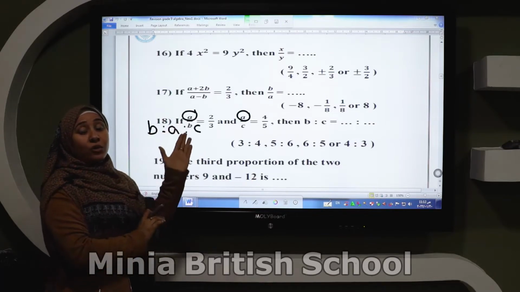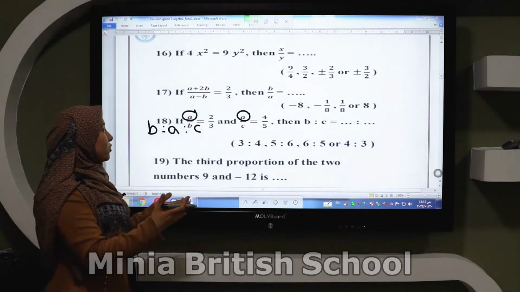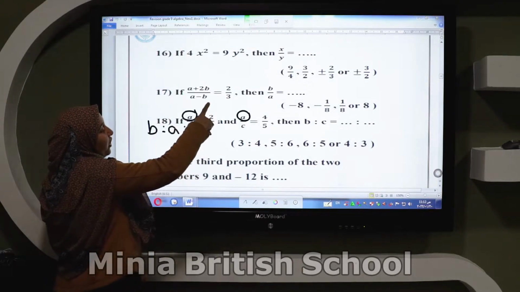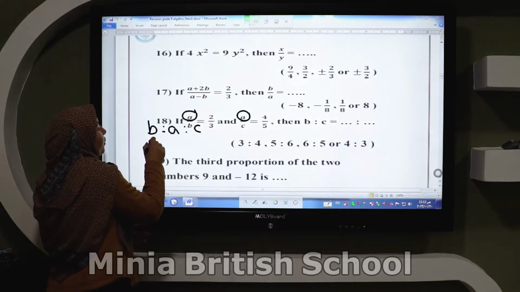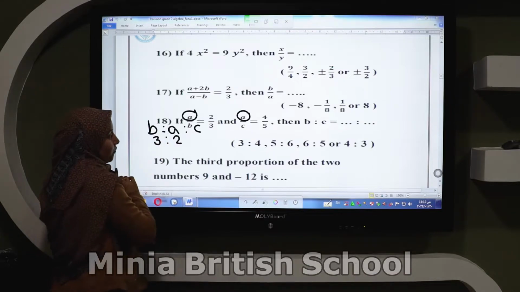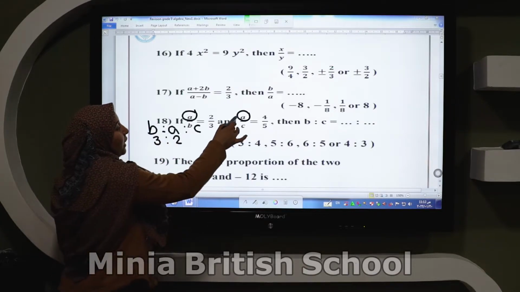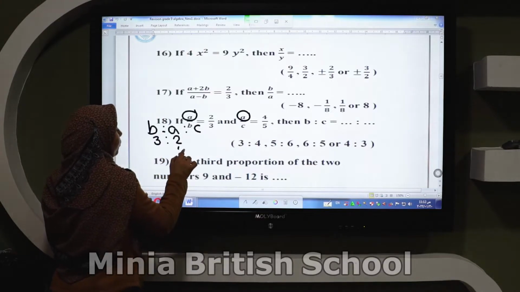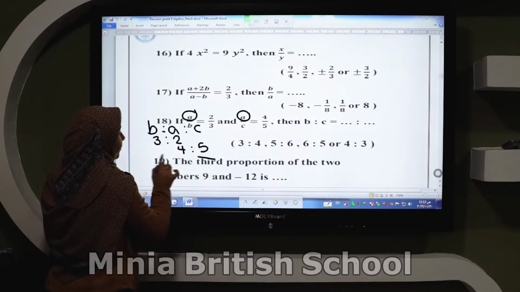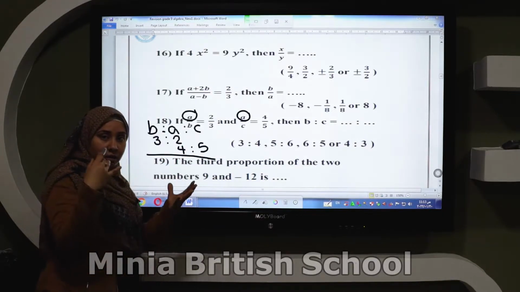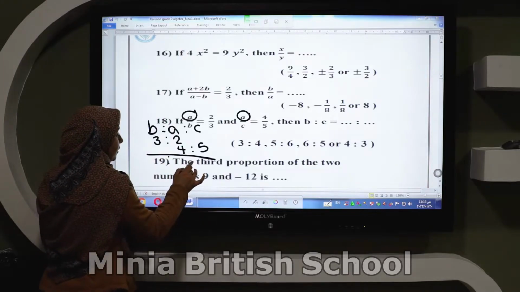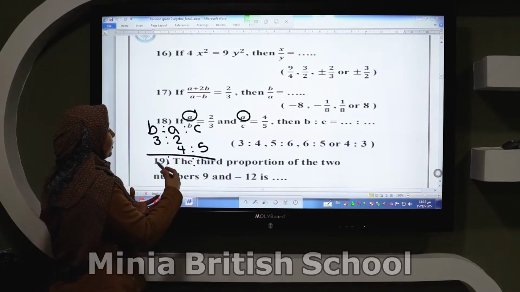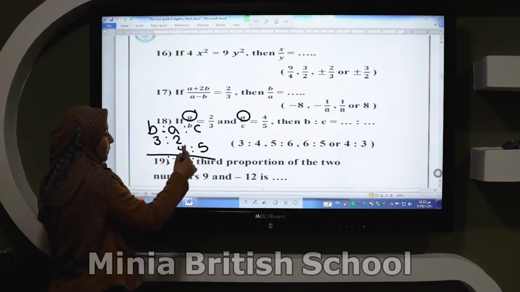The ratio between a to b is 2 to 3, then the ratio between b to a equals 3 over 2, 3 to 2. And here the ratio between a to c, 4 to 5.